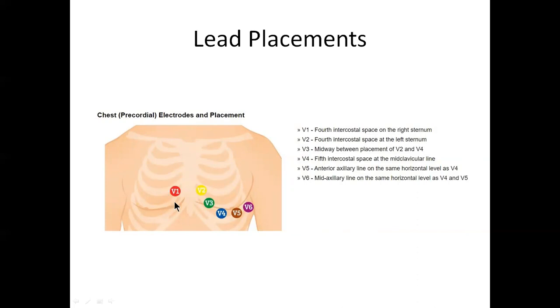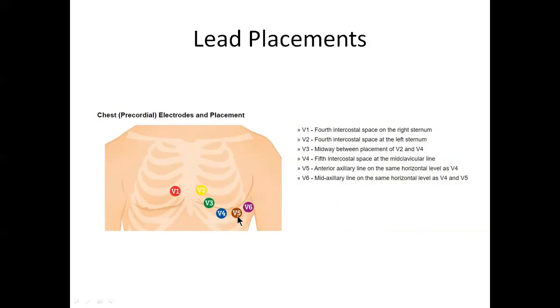So, V1 should be placed on the 4th intercostal space on the right side of the sternum. V2, 4th intercostal space, left of the sternum. Next, we place V4, 5th intercostal space, mid-clavicular line.